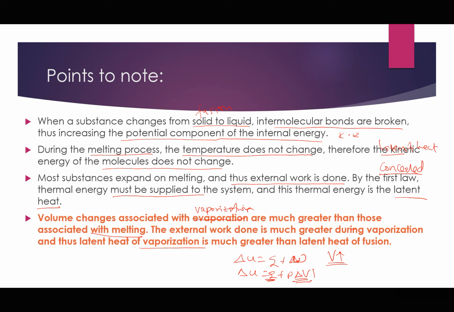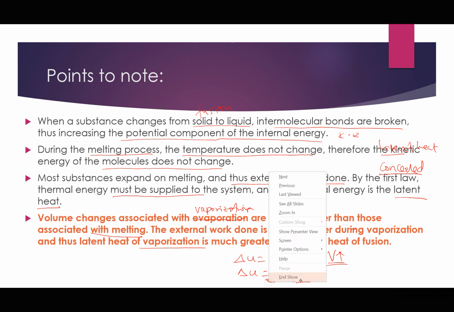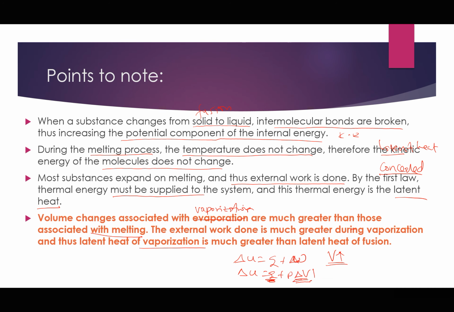That means a lot of heat is required during vaporization as compared to that heat required during melting. That's why we say that the latent heat of vaporization is much greater than the latent heat of fusion, because the volume change involved during vaporization is far, far greater than during melting.